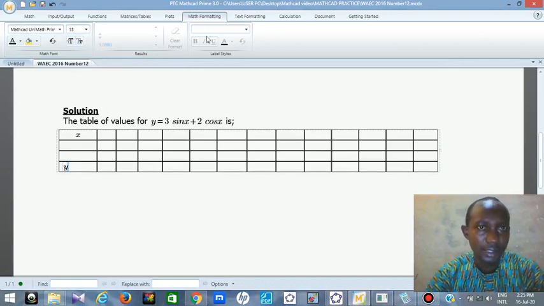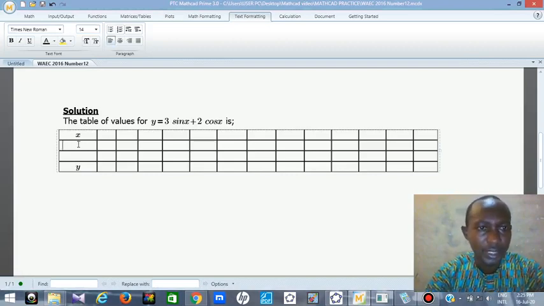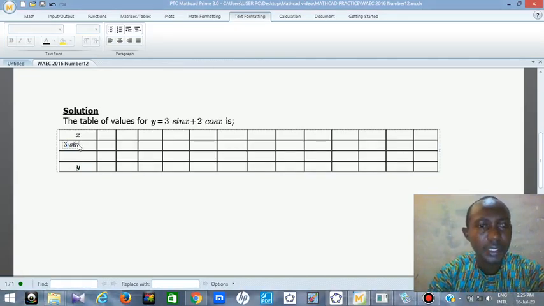Then the next thing you need to take note of after getting your x and your y is that in this question we have two terms. 3 sin x is a term, plus 2 cos x. That means you are going to substitute the value of x in this place and in this place, then simplify. But to make it easier and faster for you, on this part we need to put 3 sin x.